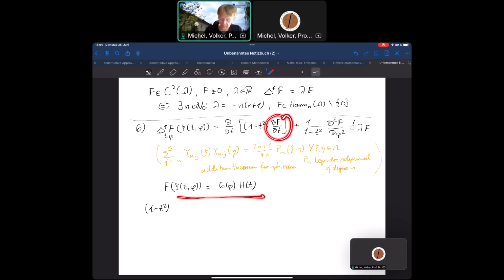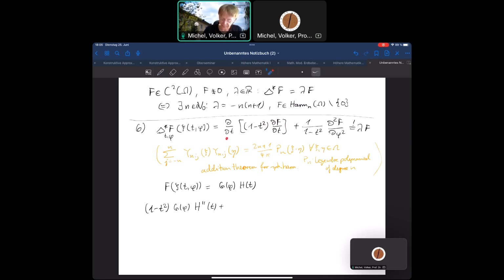If I differentiate that with respect to t, it only applies to h. So I get g of phi and then the second derivative of h. Okay, so this is the first term of the product rule, the 1 minus t squared times this differentiated, and I get another term from the product rule.